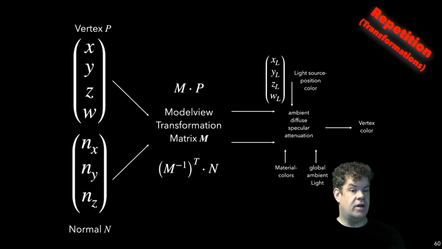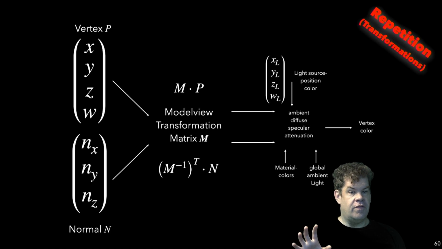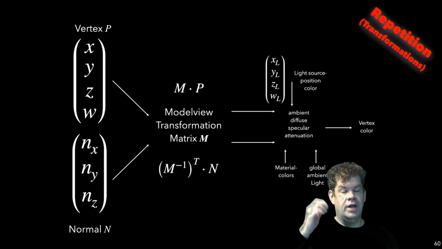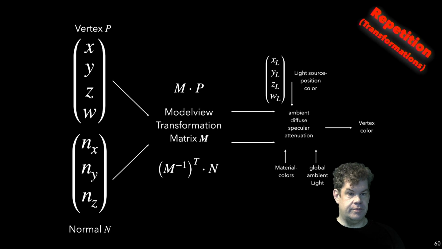And normals are transformed by the inverse transpose of this model view matrix, and they are not projected. So for normals, we care about the actual three-dimensional structure, whereas for points, we want to project them right away.